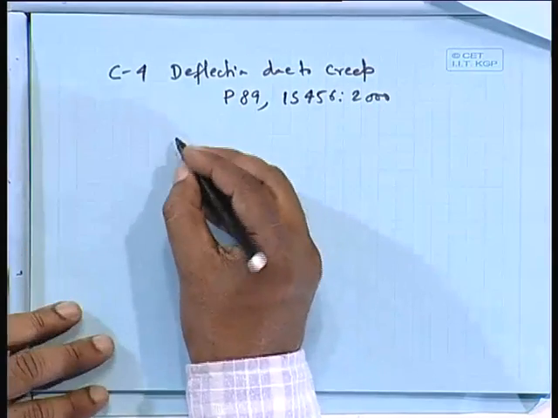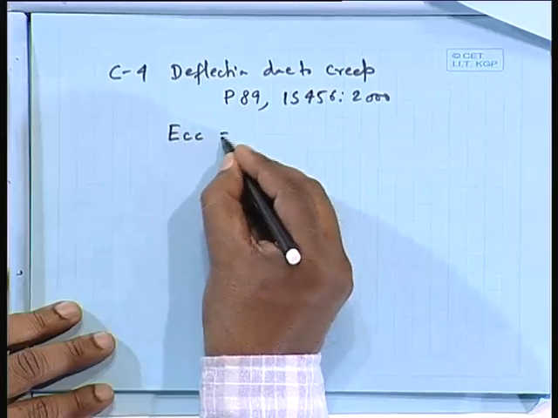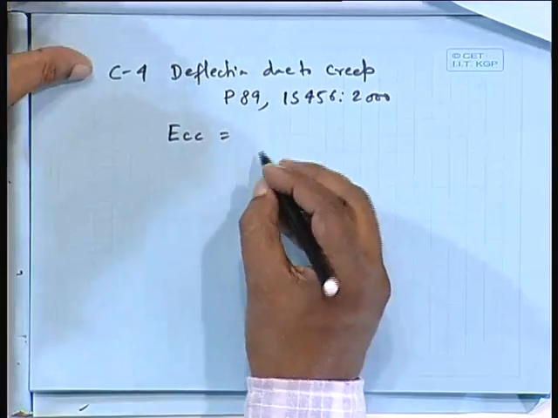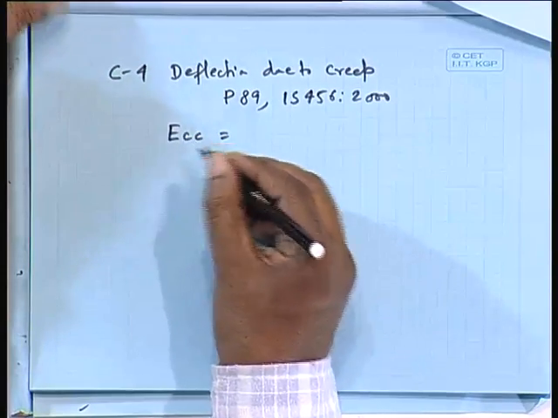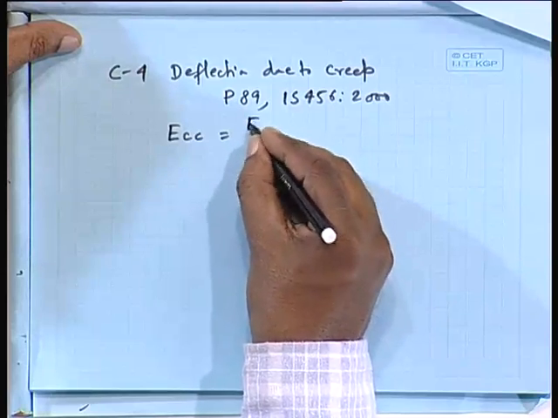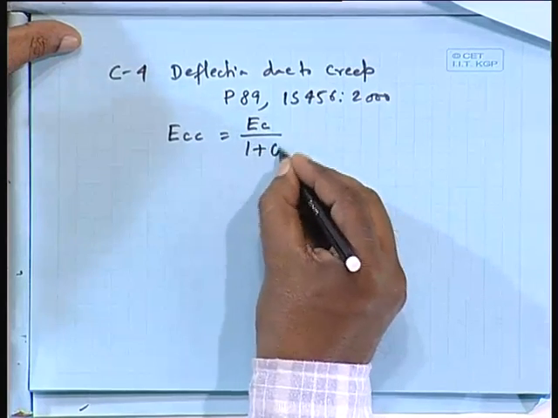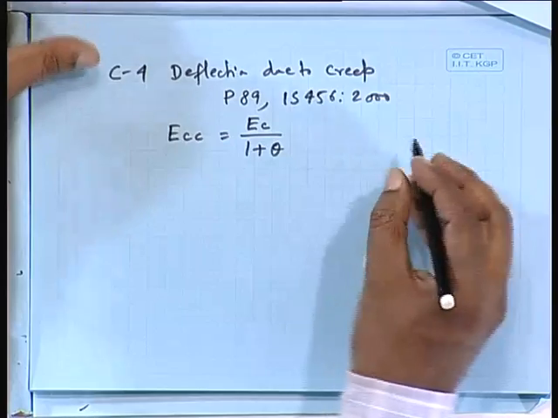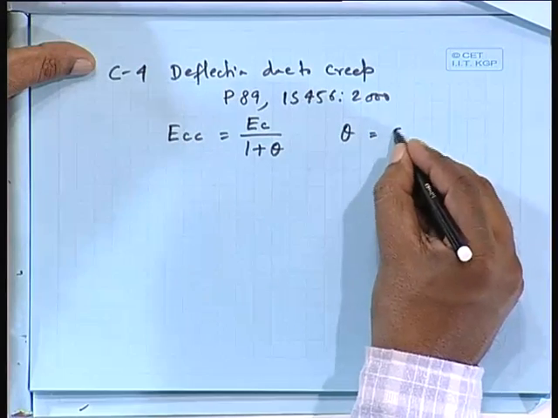Okay, let me go a little bit faster. ECC, that is for the creep, equals EC by 1 plus theta, and theta is the creep coefficient.